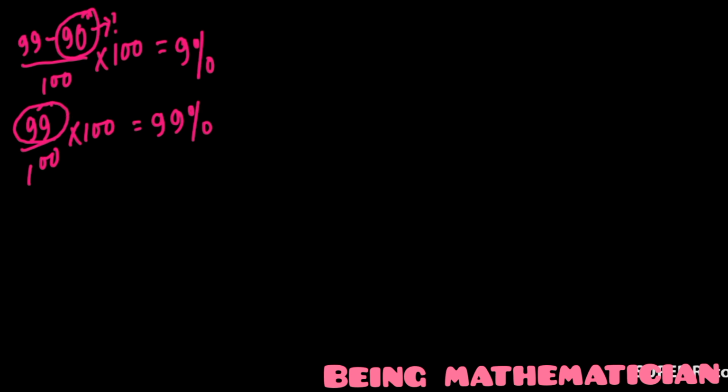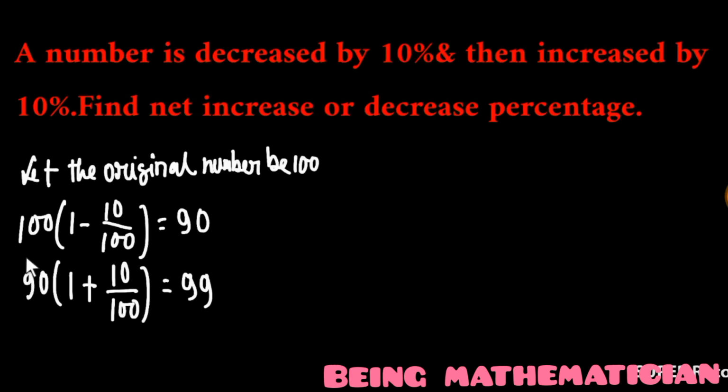So let's see the correct step to complete the problem. Therefore, to calculate the net change, here the depreciation, we have to subtract 99 from 100, that will be 1.